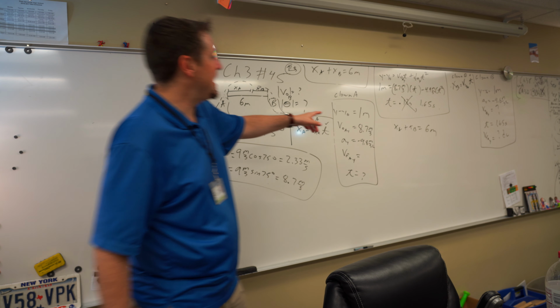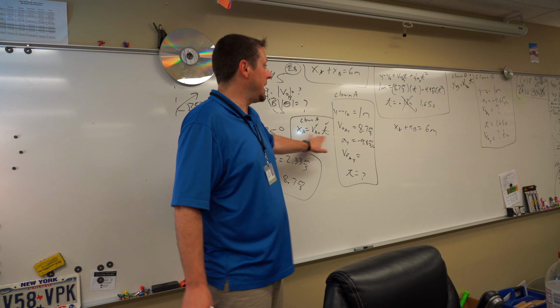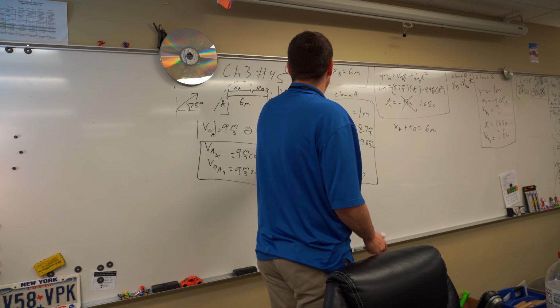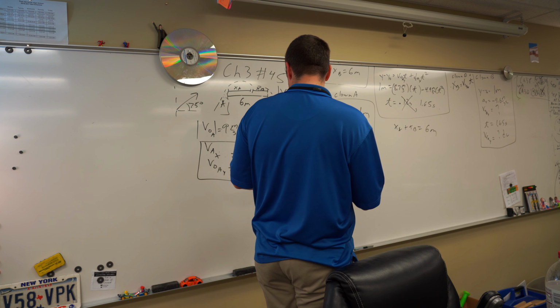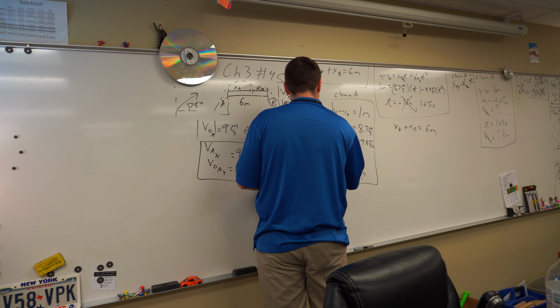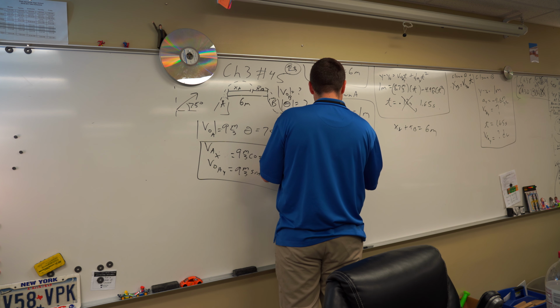All right. So XA plus XB equals 6 meters. And I've got XA here. And I know what XA is, which means I can solve for XB. Let's get XA. I'm going to actually put numbers in this time. So let's do 2.33 meters per second times 1.65 seconds.